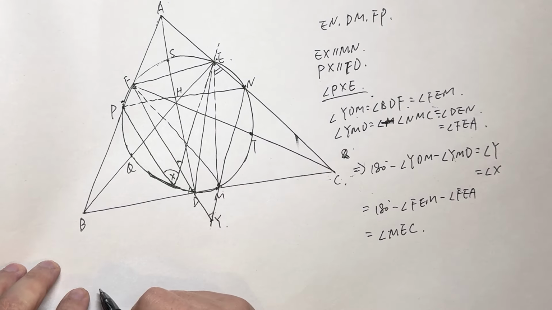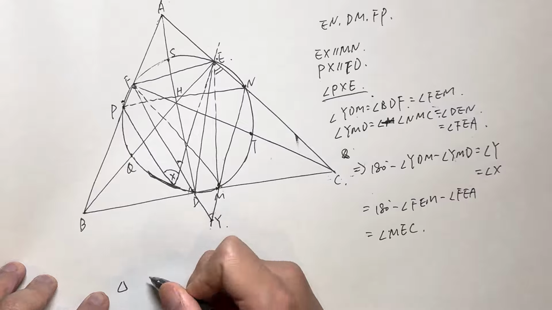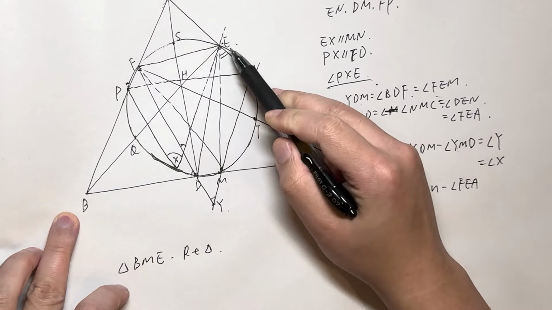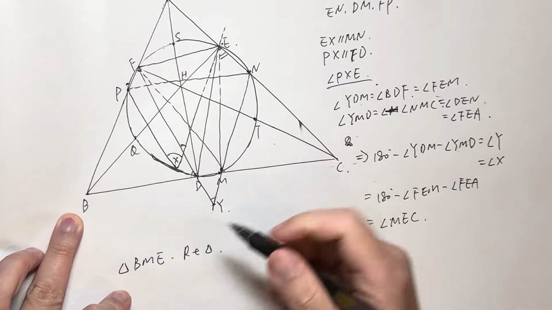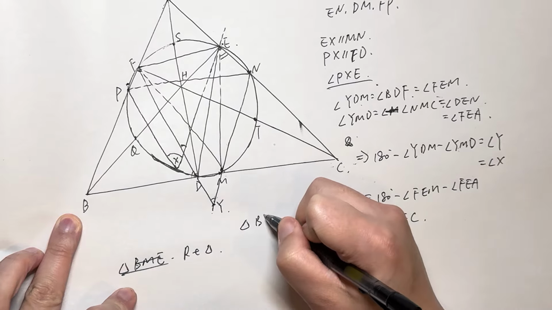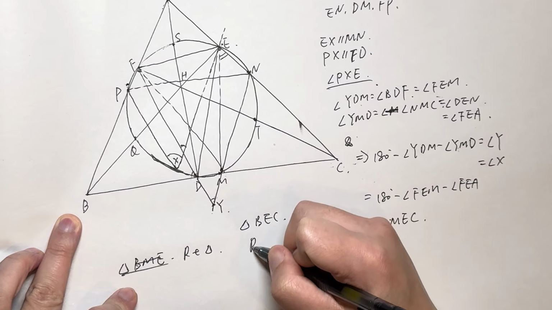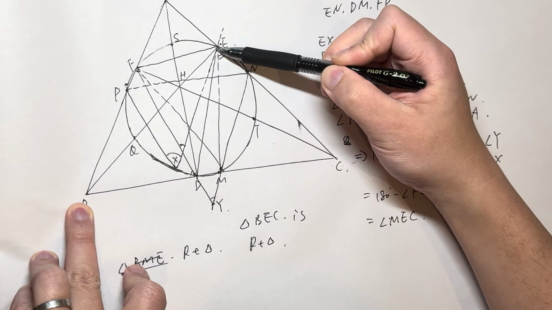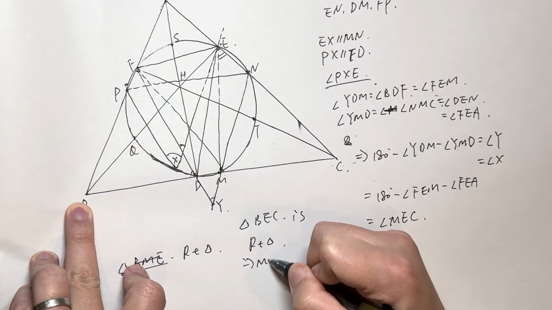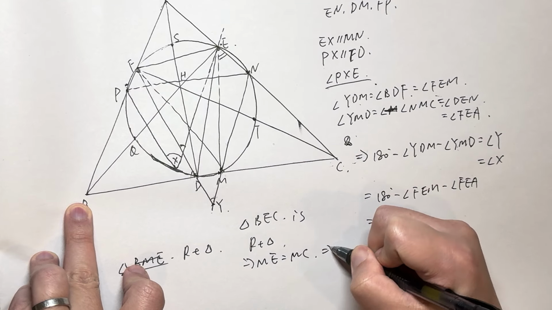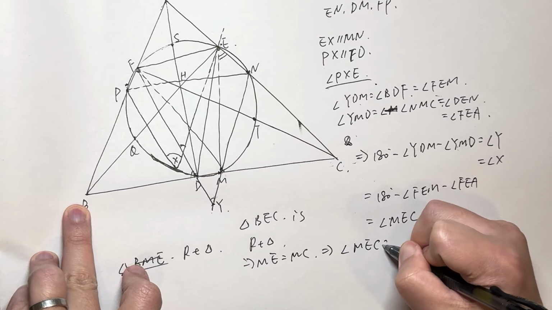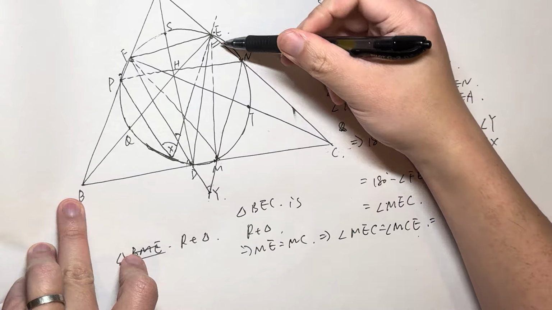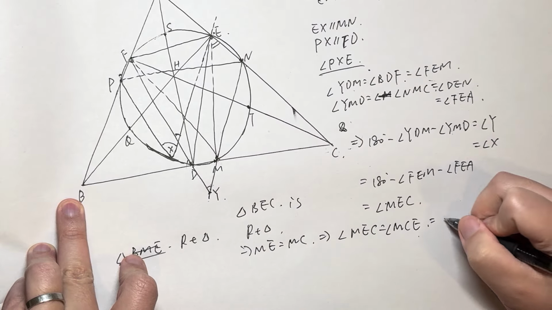Okay, great. Let's see. Because the triangle BME is a right triangle, right? Sorry, not BME, BEC. Triangle BEC is a right triangle, and M is a midpoint, so we know that ME equals MC, which means angle MEC equals angle MCE, right? And angle MCE equals angle PNE.